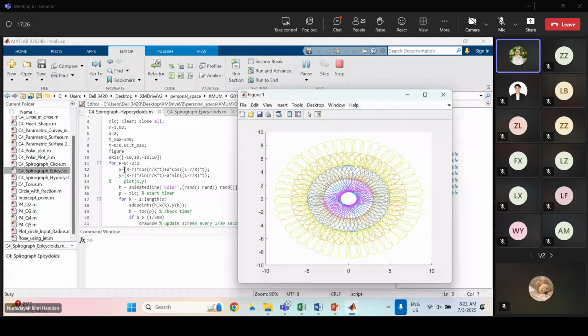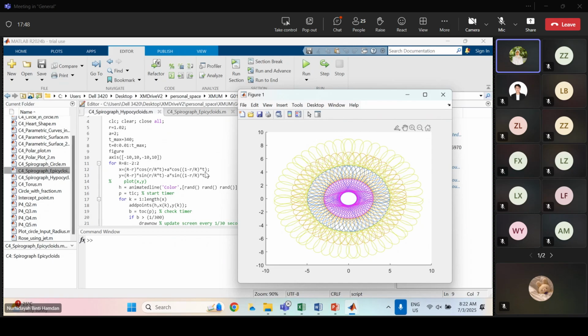For the outer radius I start with 8, and it reduces by 2 units each time. So this is the epicycloid. This is a hypocycloid.